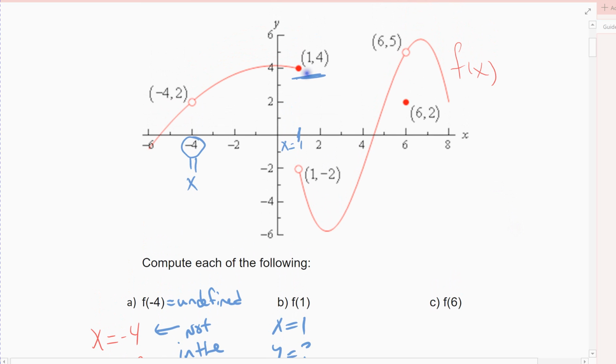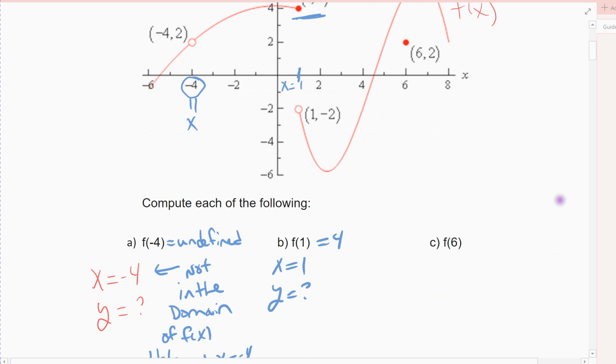Well, this time, if you look at this point, that is a closed point, right? The red dot's filled in. Whereas over here at 1, -2, it's an open point. And so it does not exist at 1, -2. That's just where the other piece starts. But it does exist at 1, 4. And so the answer to this is 4, right? The function value at 1, when I plug 1 into this function, 4 comes out. All right, so that one does exist and is equal to 4.